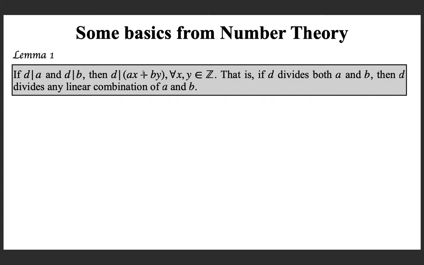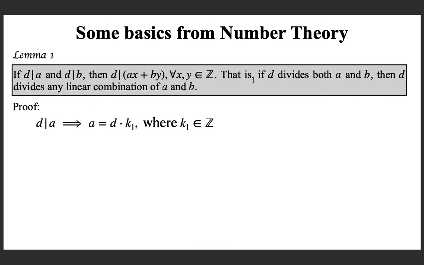And ax plus by for all integers x and y is called a linear combination of a and b. That is, a multiplied by an integer plus b multiplied by an integer is called a linear combination of a and b. So the lemma claims that if d is a divisor of both a and b, then d is a divisor of ax plus by for all x and y. We can prove it.